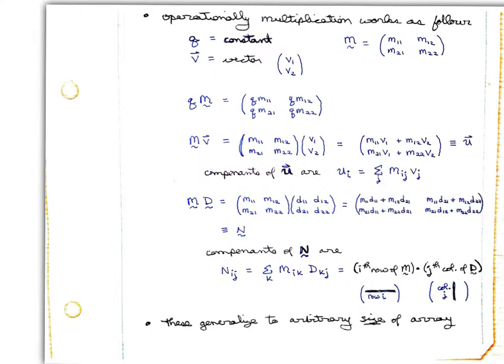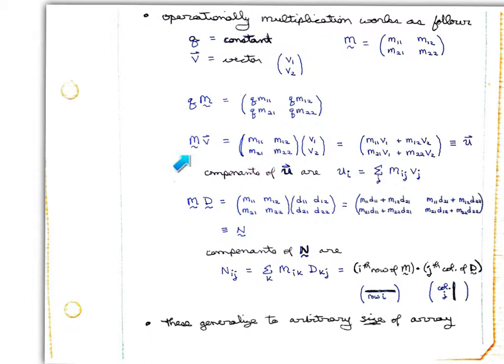Similarly, if I want to multiply matrix M by a different matrix, D, I do this by treating the first column of matrix D like the vector above, and I do the multiplication of that first column of D by matrix M in the same way as above. And then I treat the second column of matrix D like another vector and perform the multiplication with matrix M and get the answer here.